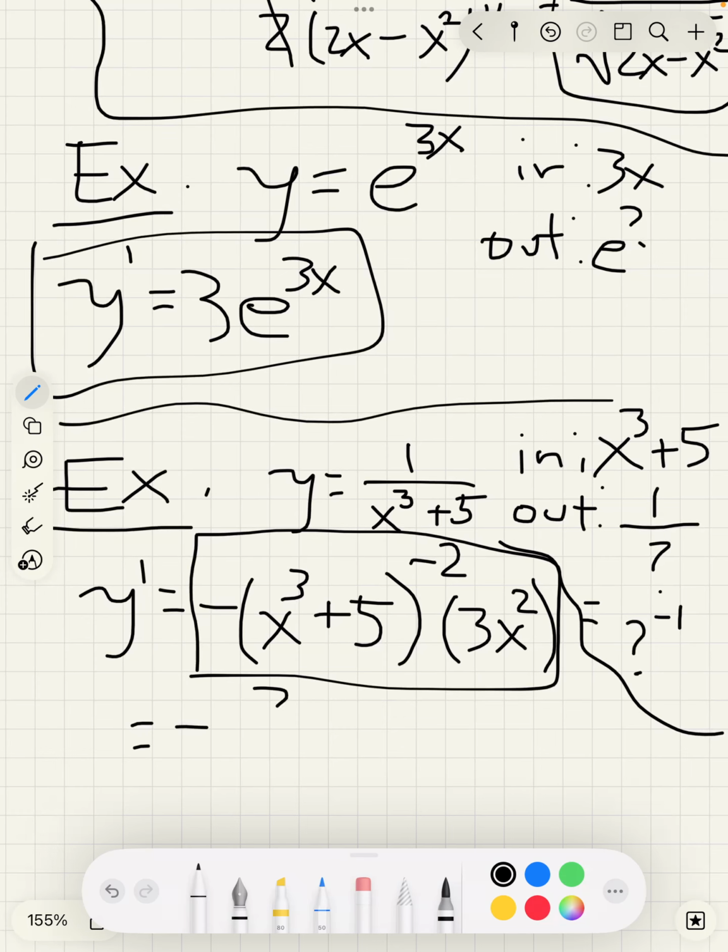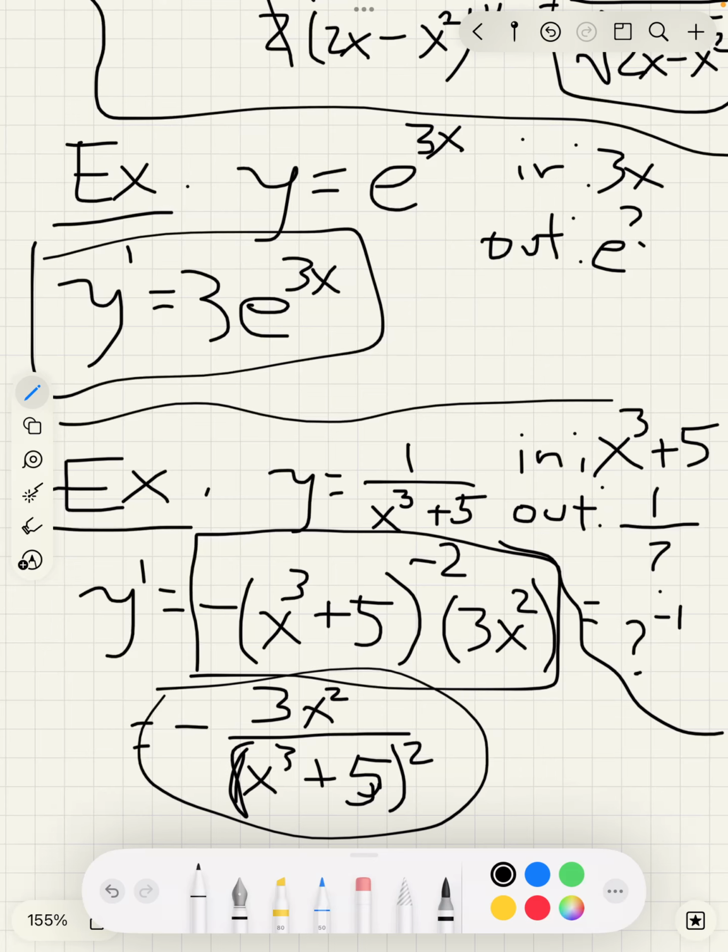So I can also write this as negative 3x squared divided by, because of that negative power, we can move that factor of x cubed plus 5 to the bottom as x cubed plus 5 squared. And that's another way you could write it.